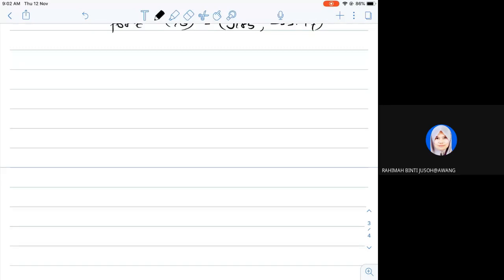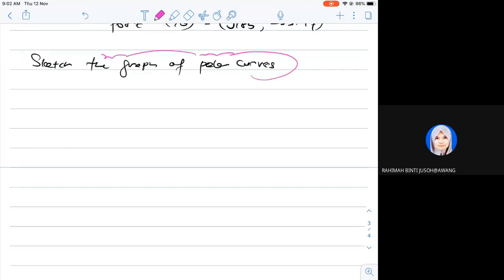So next, we need to sketch the graph of polar curves. Polar curves or polar equation, the graph of polar curves. Number one, the very simple one: r equals, let's say, 5, for example.